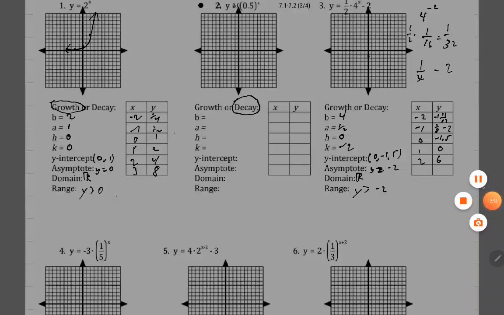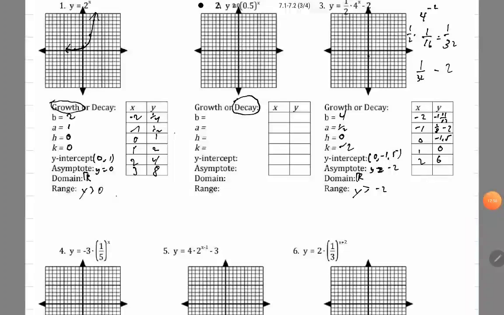And that's how you do that one. You just plug your numbers in the calculator and then graph it. So this will look like 0, -1.5, 1, 0, and 2, 6. It looks something like this, always approaching -2 but never touching.